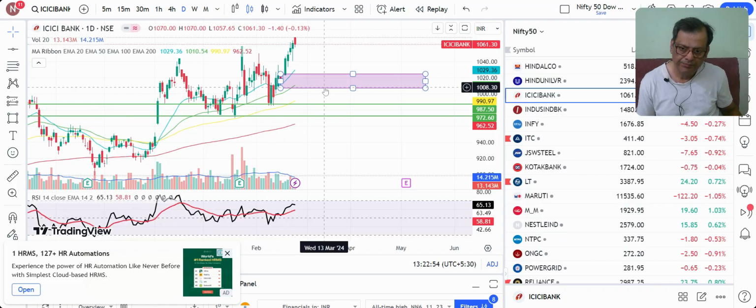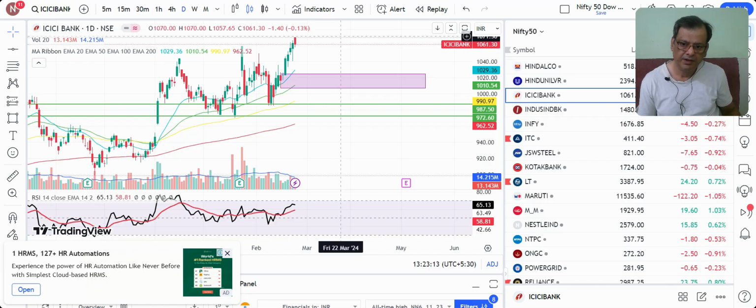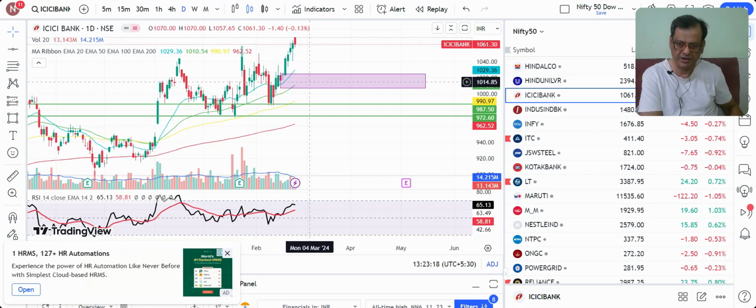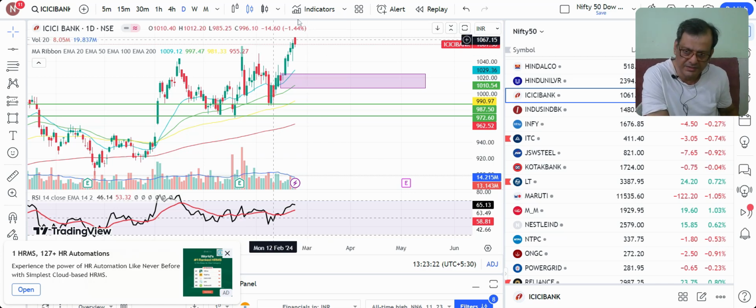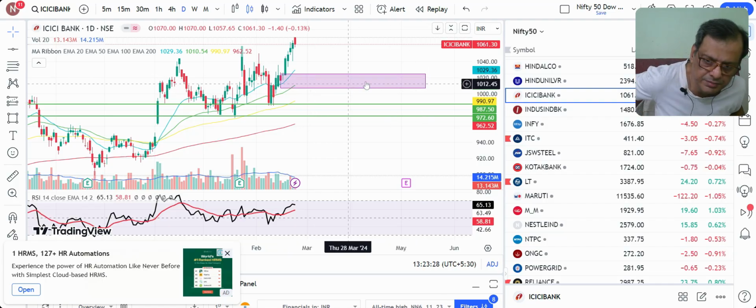So this is support. But this is a demand zone where prices have consolidated and gone up in a rally-base-rally way, and it is fresh because bearish prices have not hit this and gone up. So there is a good likelihood that if the price comes here, you can place your buy order here, and prices may come here and then bounce back, because there will be a lot of institutional orders placed here.